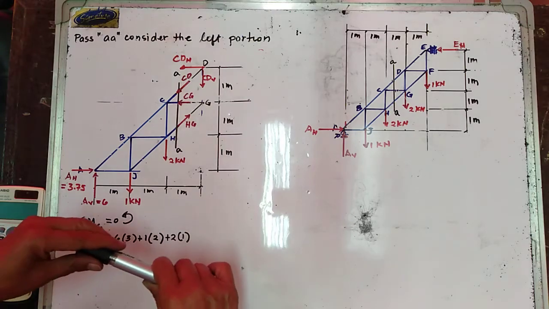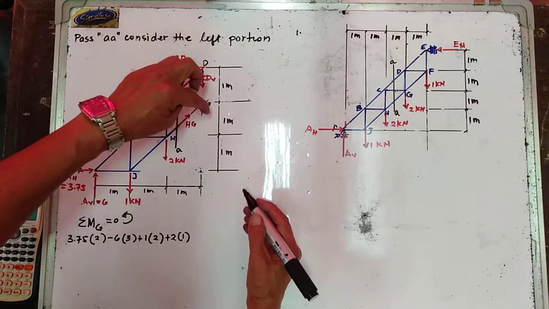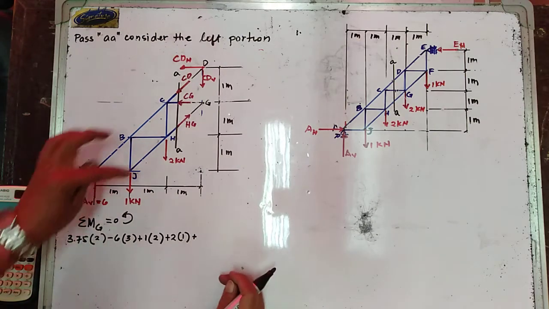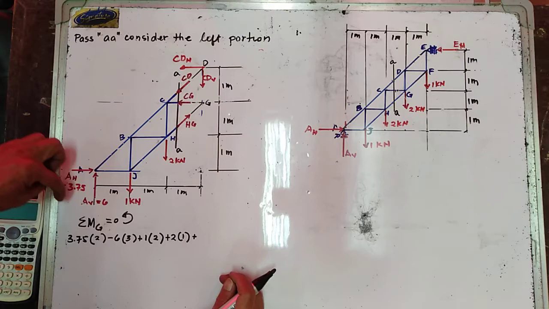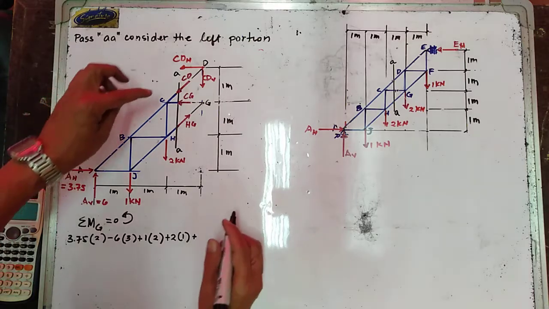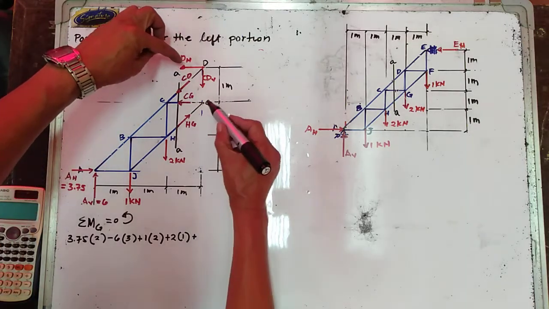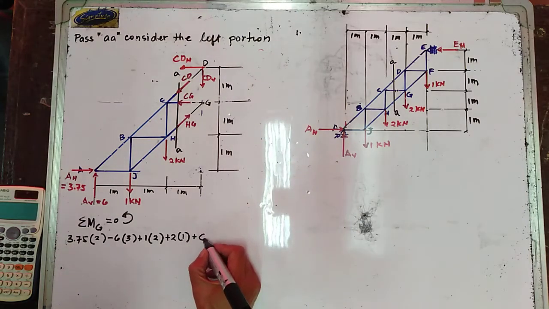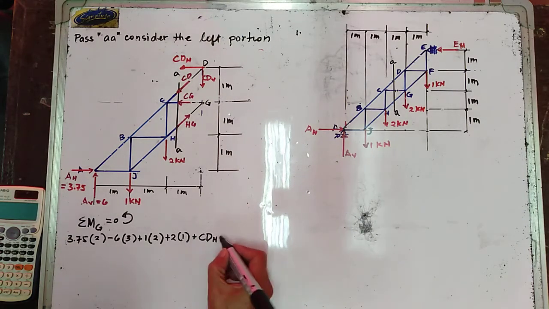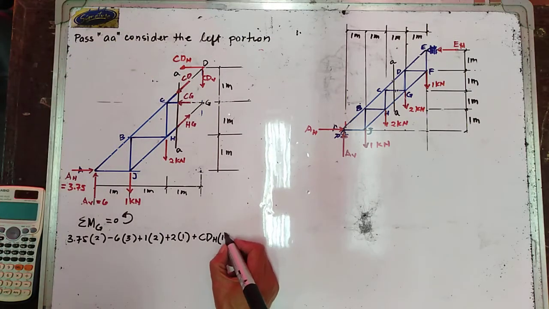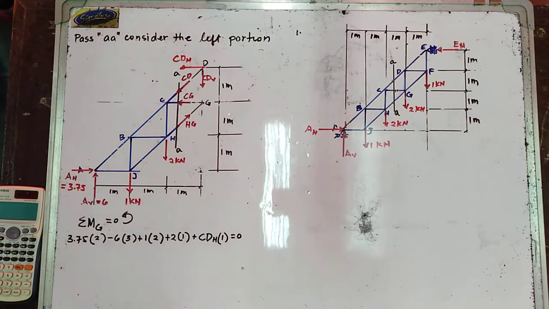So it is your CD horizontal counterclockwise. So that is plus CD horizontal, the moment arm is equal to 1. And this is equal to 0.